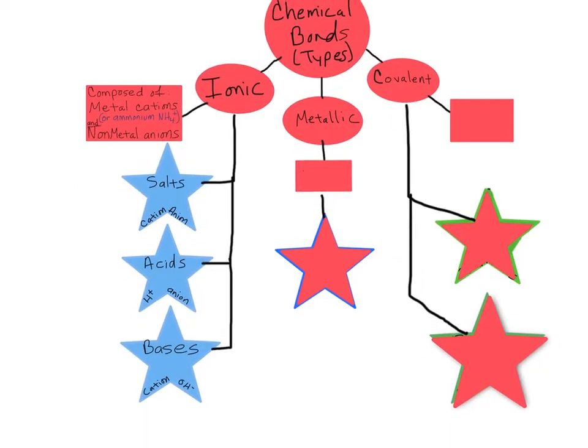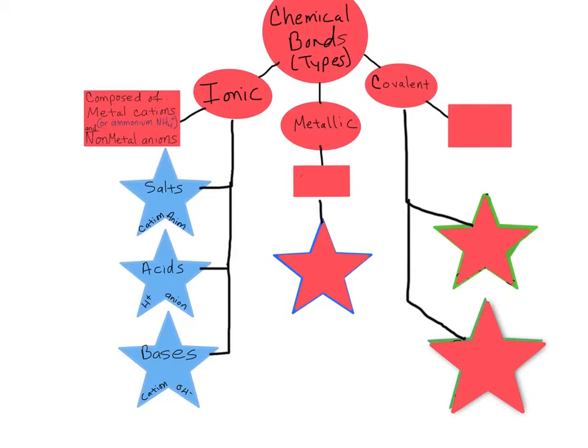There can be whatever cation you want to be able to use, but bases specifically will end with a hydroxide, OH. And so that's the first thing we need to get is that ionic compounds can be salts, they can be acids or bases. Naming these compounds are pretty much the same except for acids. That's what we're going to have to add to our repertoire of naming, of nomenclature.